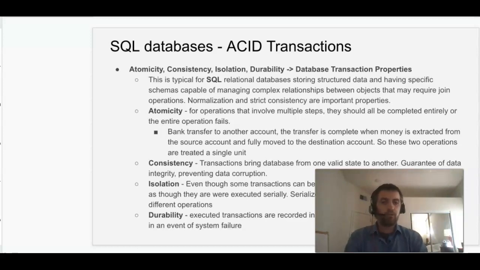It also has these really important qualities that we refer to as atomicity, consistency, isolation, and durability. Atomicity means that we have operations that involve multiple steps, but they should all be completed entirely as one set, either fail together or succeed together.